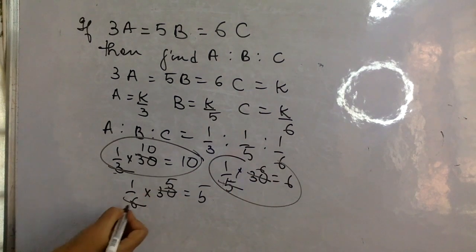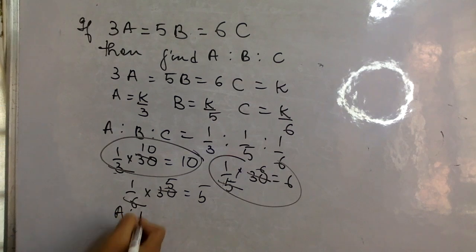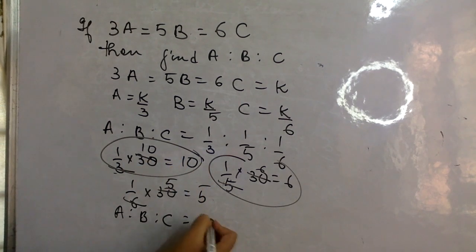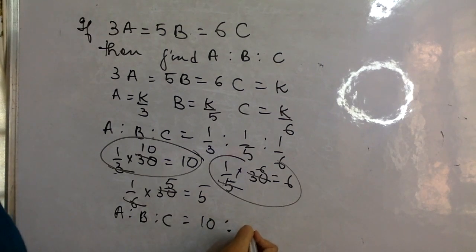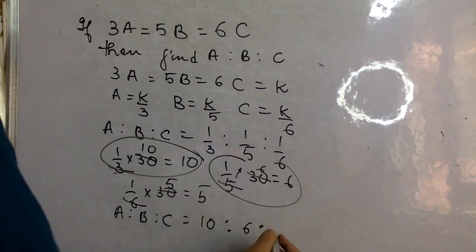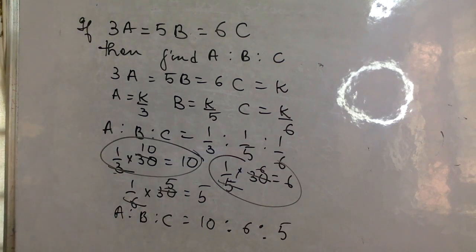Note, A is to B is to C is 10 is to 6 is to 5, that is my answer. 10 is to 6 is to 5 is the wanted ratio.